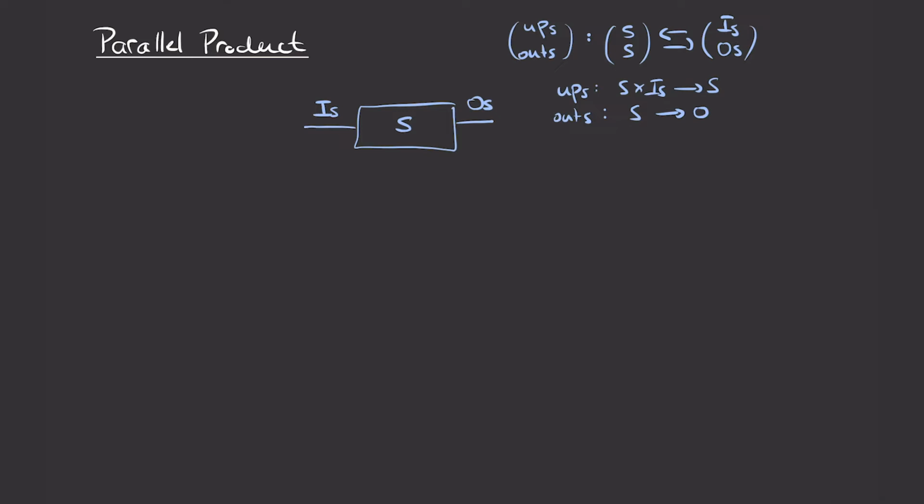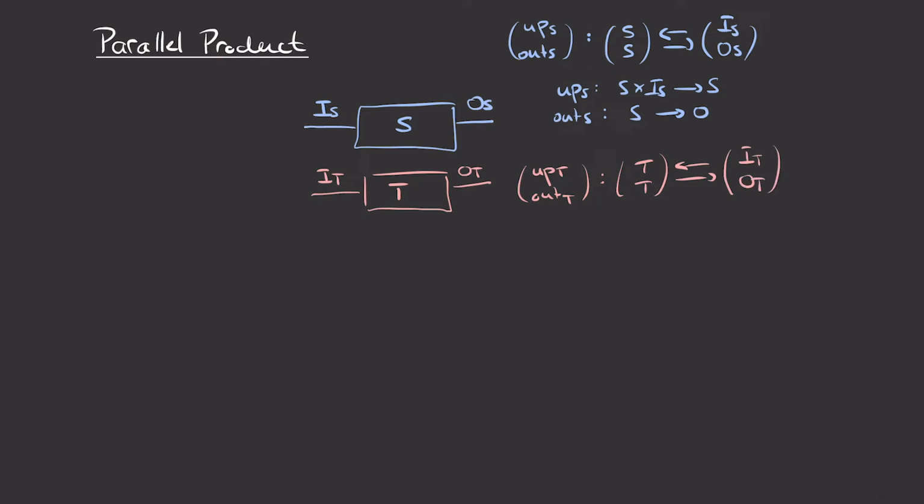All right, so now our goal for this video is to be able to put two such systems in parallel. So the picture for this is that next to S, we also have a system T, which has states T and takes inputs IT and produces outputs OT. Similar to above, the data for such a system is given by two functions, up T and out T. And the signature of this lens is T, T, and it goes to IT over OT.